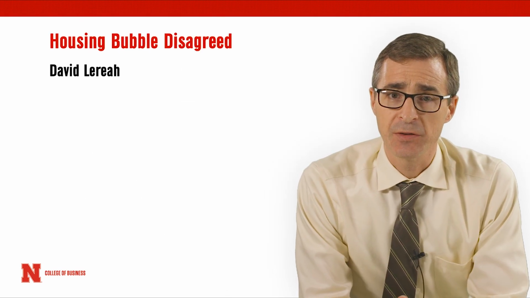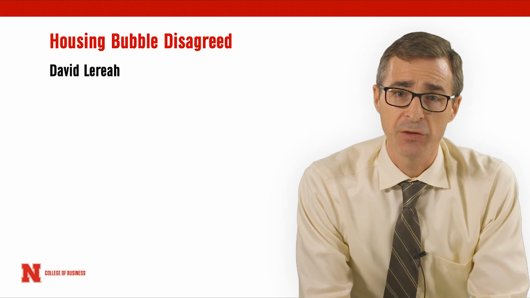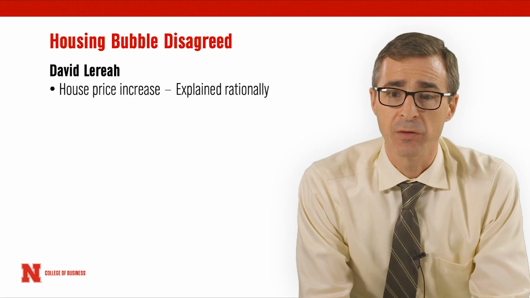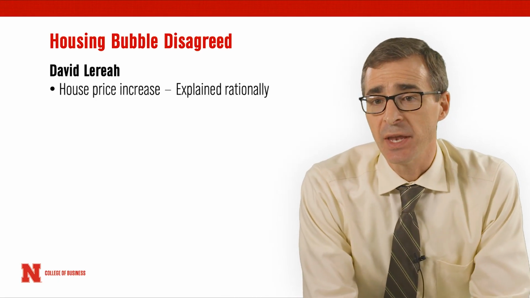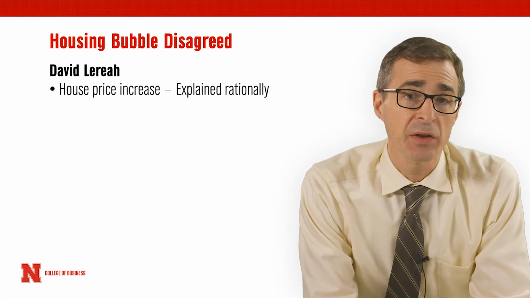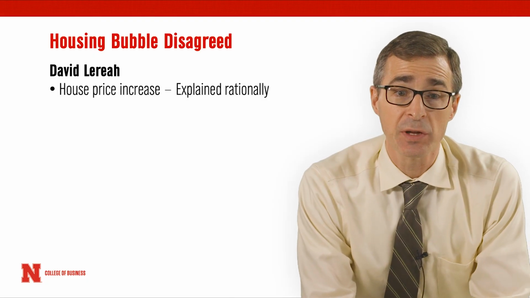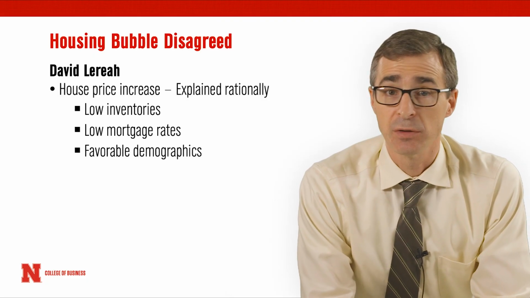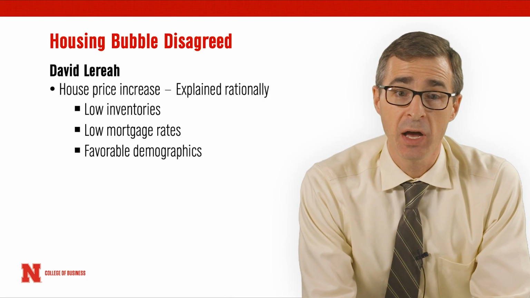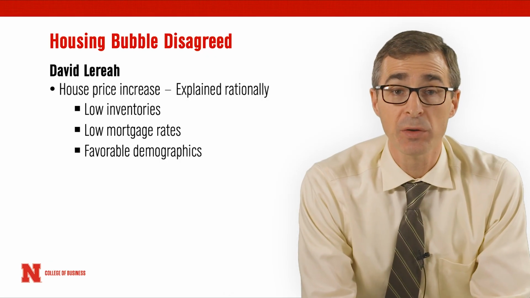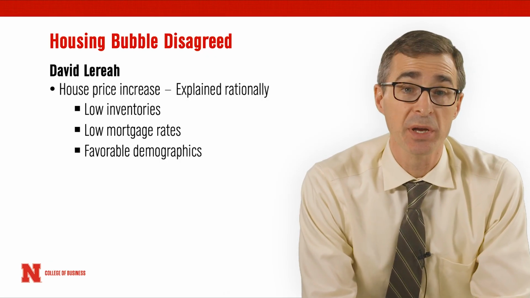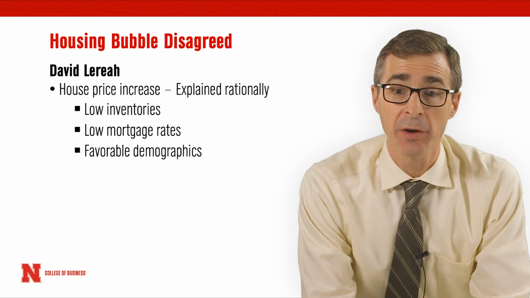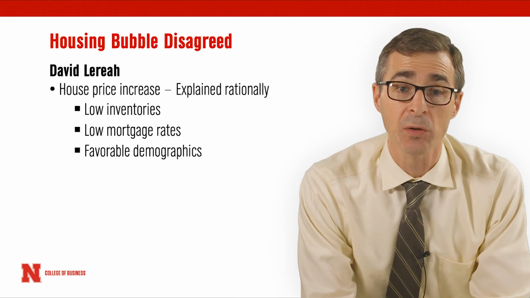Now, different market analysts disagreed on the interpretation of what was going on. For instance, David Luria believed that housing prices and the price increases could be explained rationally as a function of low inventories or housing stocks, low mortgage rates, and favorable demographic changes caused by a big increase in baby boomers and retirees, many of whom were buying second homes.